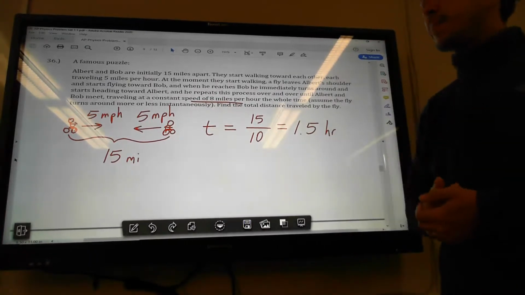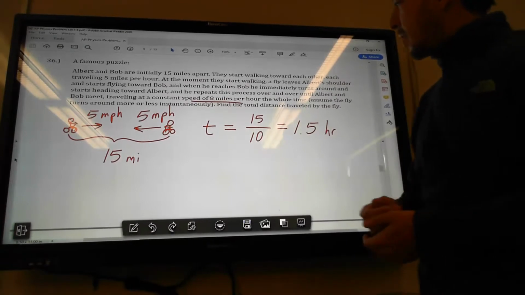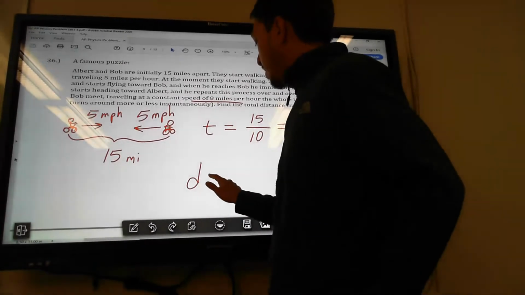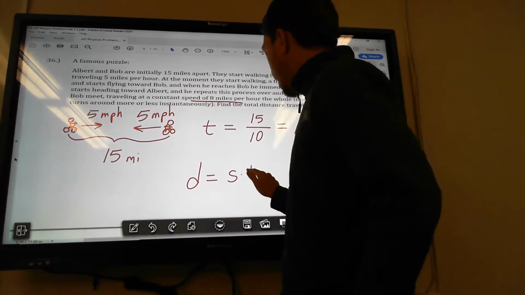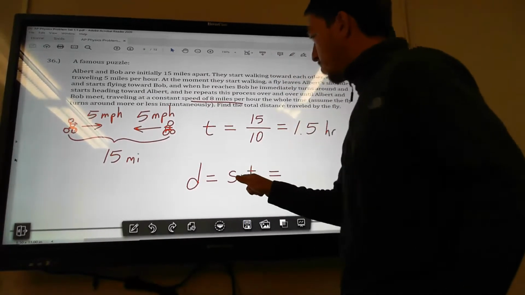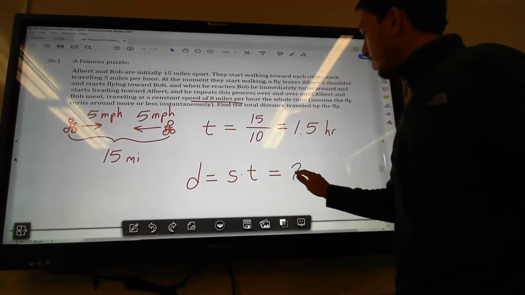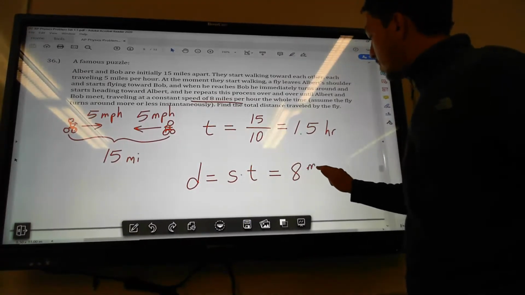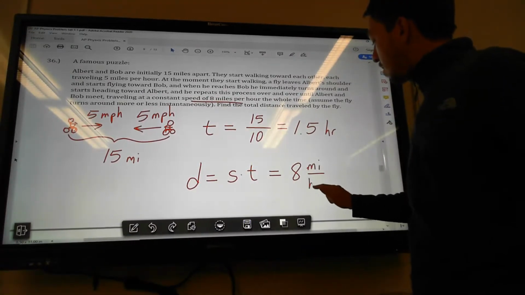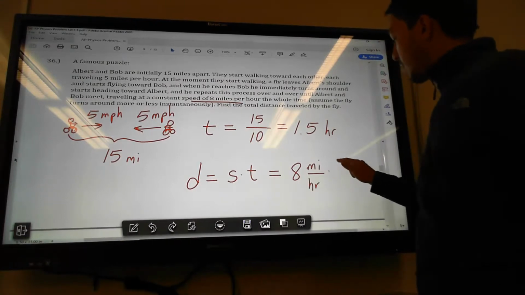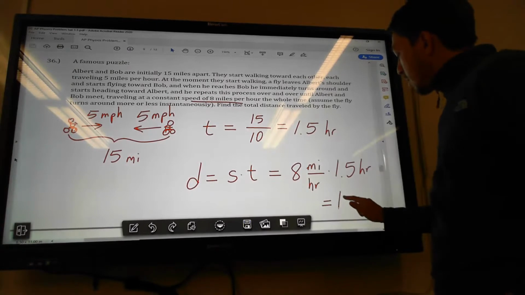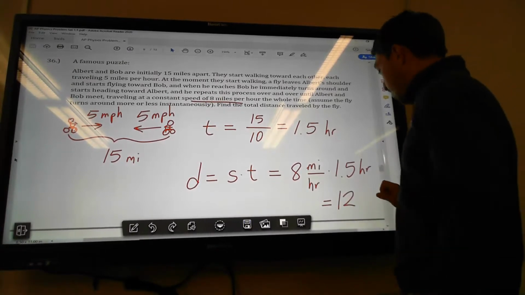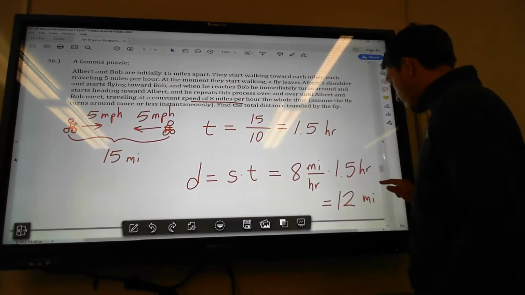Decent bike ride time. And then the distance the fly travels would be the fly's speed times the amount of time he traveled for. So what was his speed? 8. So 8 miles per hour times 1.5 hours gets us 12 miles. Yes. There's the answer.